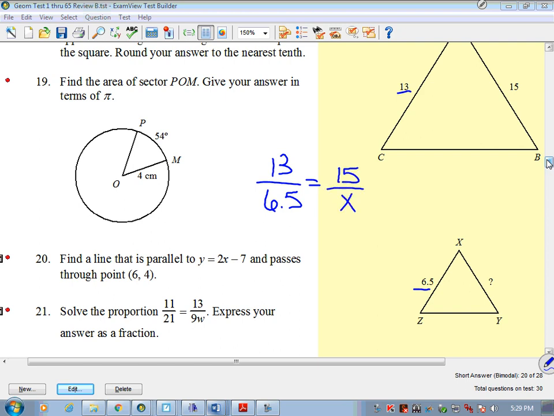So cross multiply and divide. 6.5 times 15 is 97.5, divided by 13 comes out as 7.5. X equals 7.5. Okay, because they're similar. All right, that's 22. They don't use an S there, so it's a little confusing. I will take X equals 7.5. Show your work.